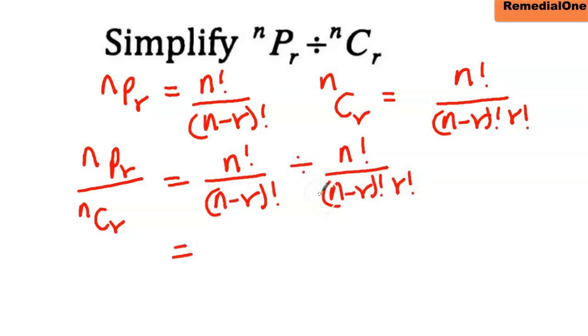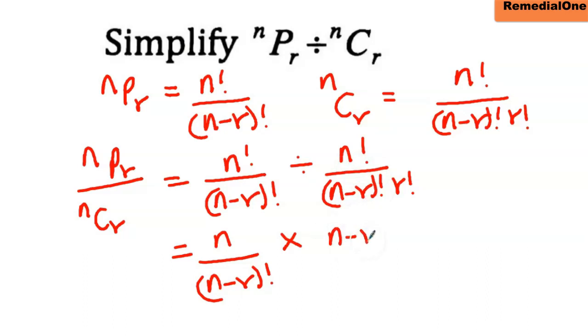We have two fractions and we are dividing, so we flip the second fraction, so the denominator becomes the numerator.